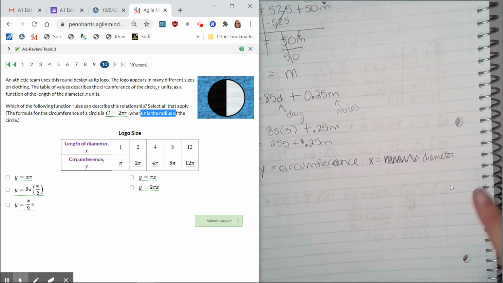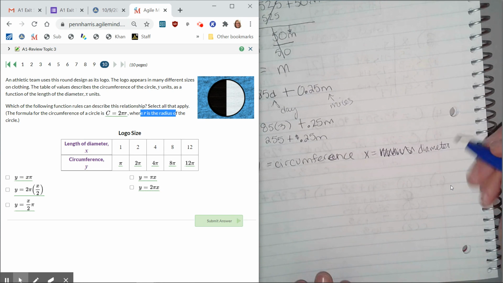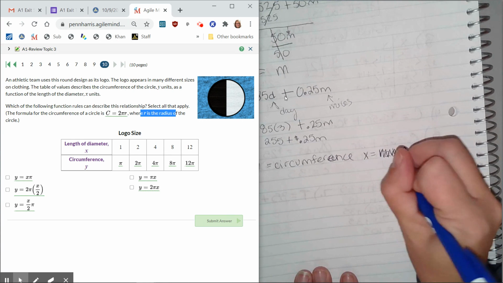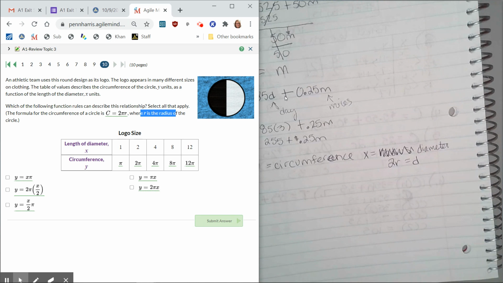Okay, maybe you remember this, maybe you don't. So I'm going to go ahead and give you this information. The diameter is the length all the way across the circle, where a radius is just halfway. So it takes 2 radius to equal the diameter.